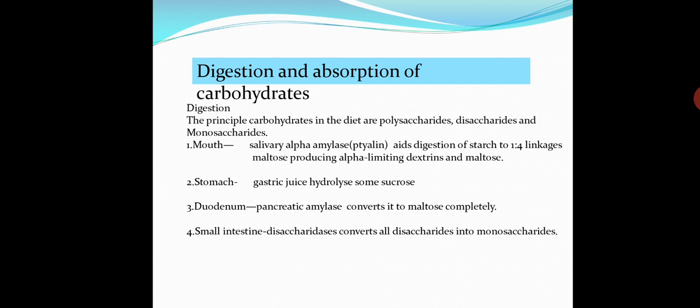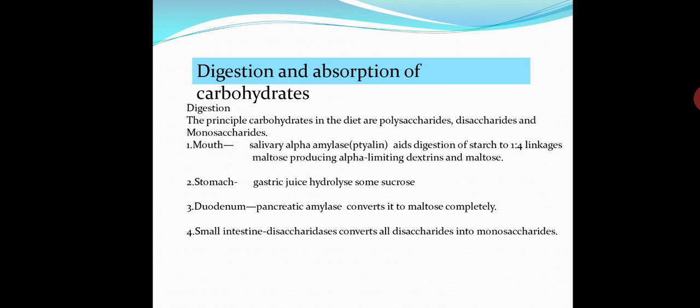producing alpha-limit dextrins and maltose. In the stomach, the HCl of the gastric juice hydrolyzes some sucrose. In the duodenum, alpha amylase of pancreatic juice rapidly converts all forms of starch and dextrins completely into maltose.